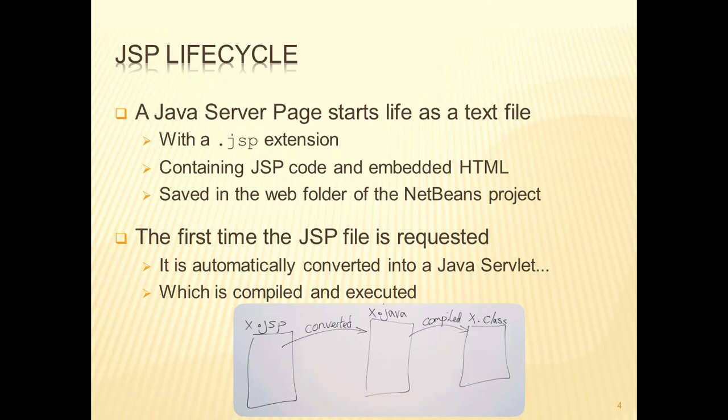That servlet will have been automatically generated by the servlet container. Then, as with any ordinary servlet, the next stage is for the servlet to be compiled. And so we end up with an x.class file. And having been compiled, that class is now loaded, ready for execution as a servlet. That's what happens on the very first time the JSP is requested.